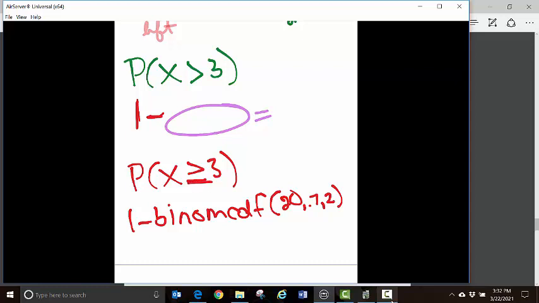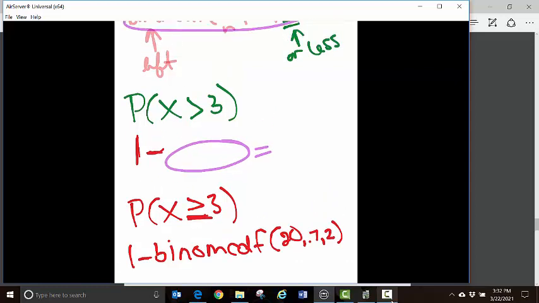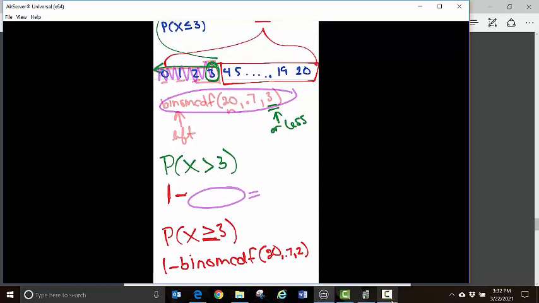This one, 3 needs to be included. So when I did it, I would subtract just 2 or less, so I could keep the 3. So you have to just be really careful. Does it want 3? If it wants 3, then the number right here is not going to be 3. If it doesn't care about 3, then the number right here could be 3, because that's what you subtract, that many or less.